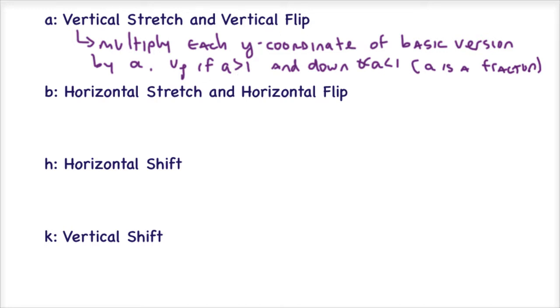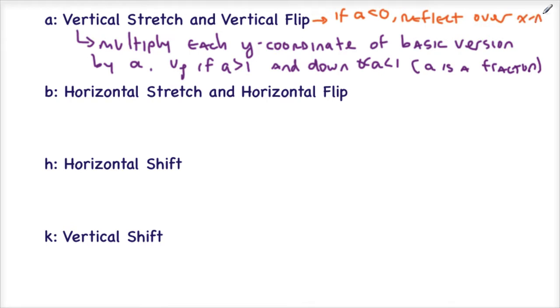Now the vertical flip, or the reflection, is going to be if A is less than 0, another way to say that is negative. So if A is a negative number, then we reflect over the x-axis.